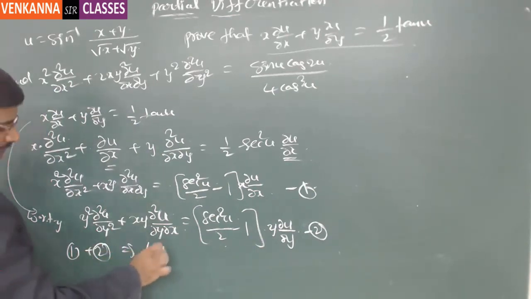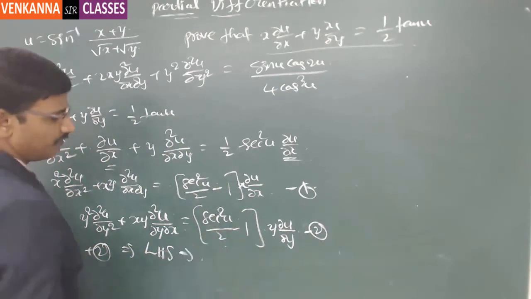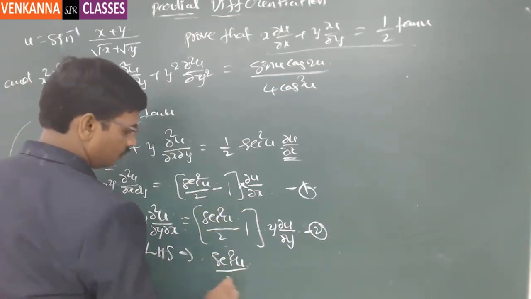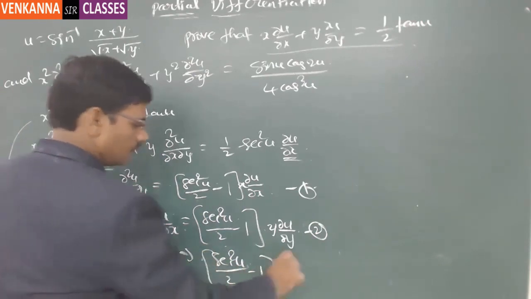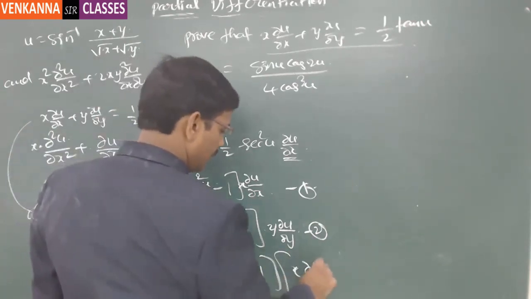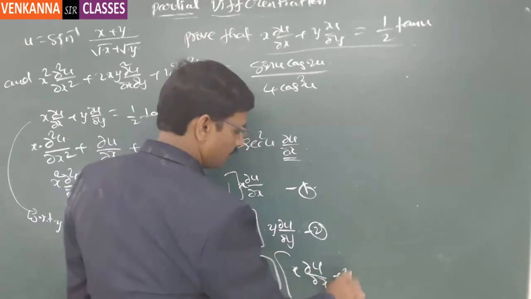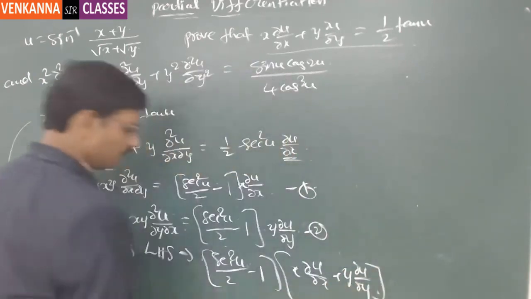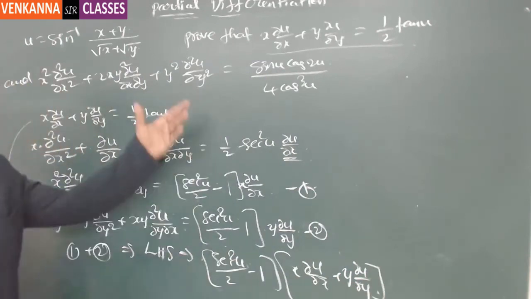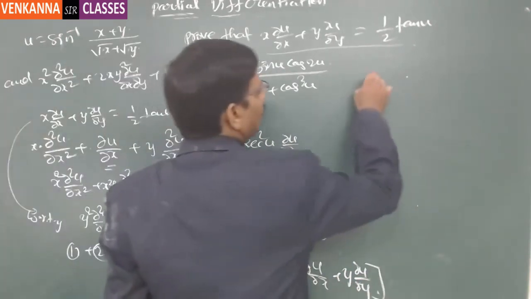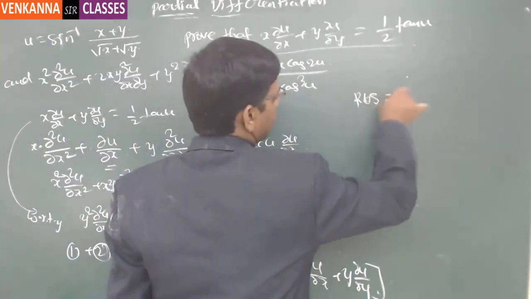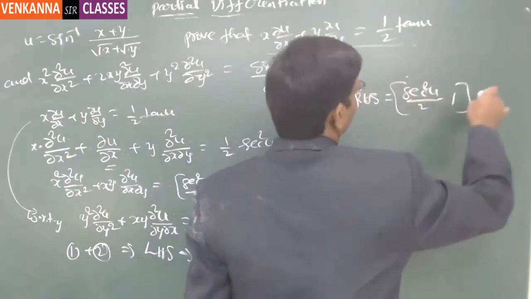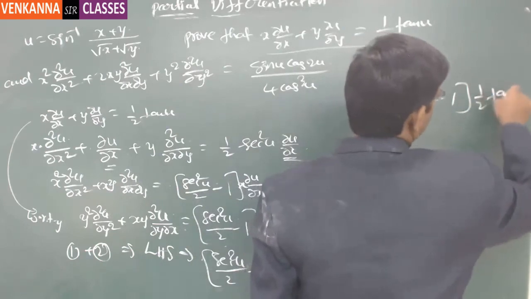This is the LHS. And the right hand side will be, secant square u by 2 minus 1, if you take it out, what is left over is x dou u by dou x plus y dou u by dou y. And again we know that this is half tan u. So the RHS will be secant square u by 2 minus 1 times half tan u.